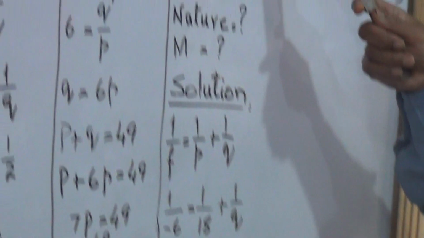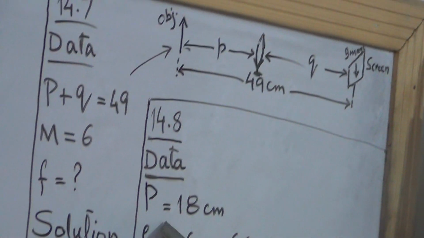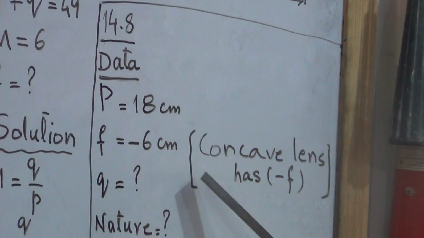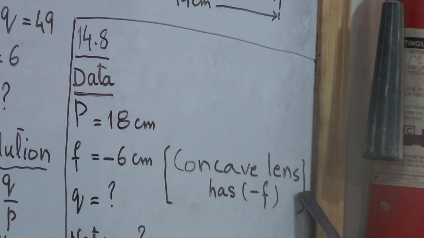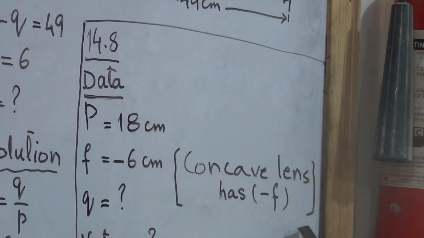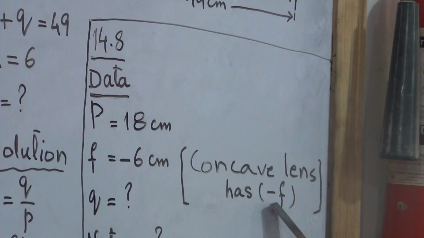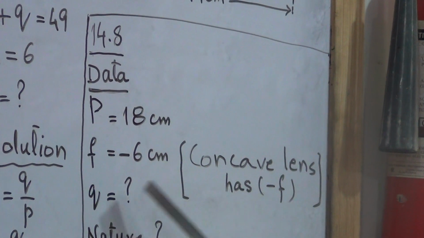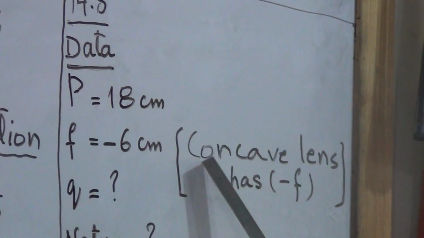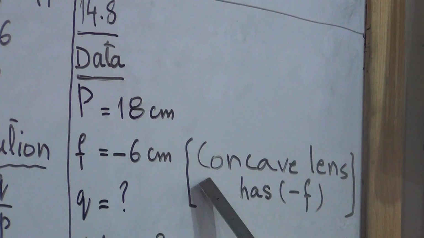Next, 14.8. P is equal to 18 centimeter and F is equal to minus 6. This is concave lens because the focal length of concave lens is negative. So F is equal to minus 6. In your book it is written as convex lens, that is a misprint.